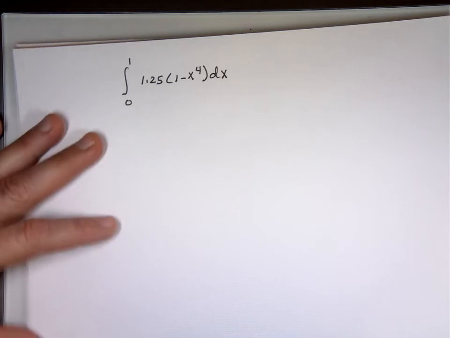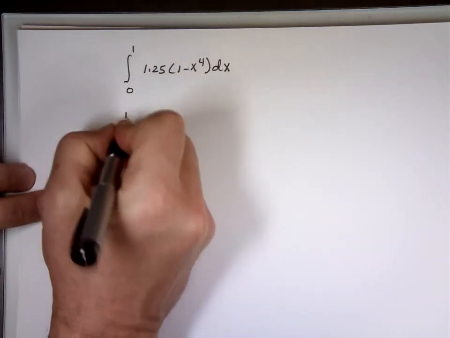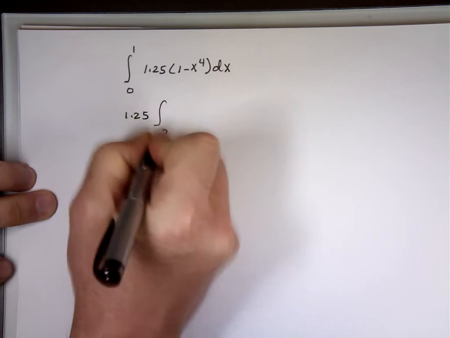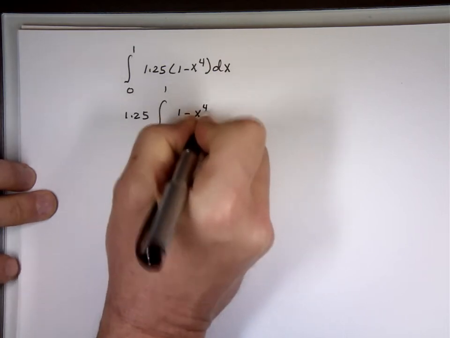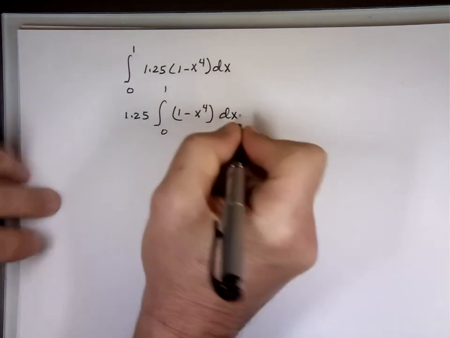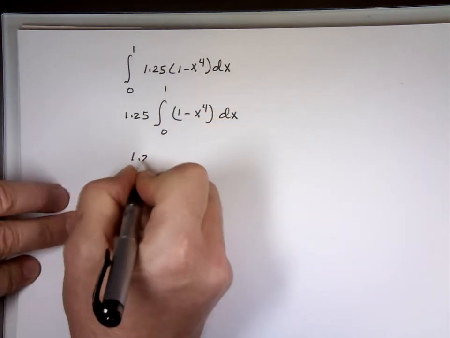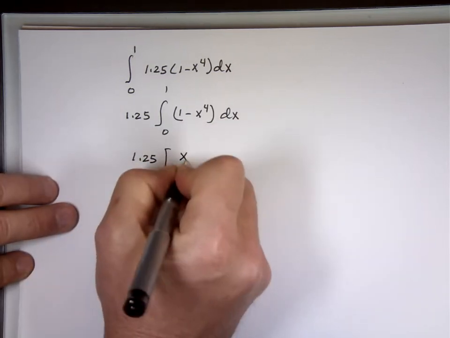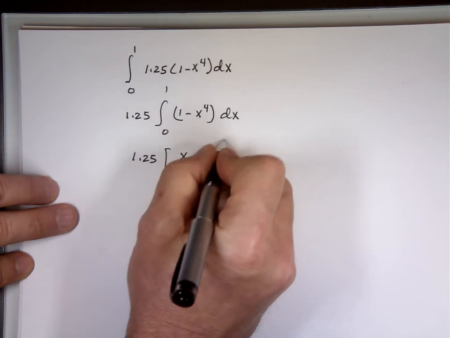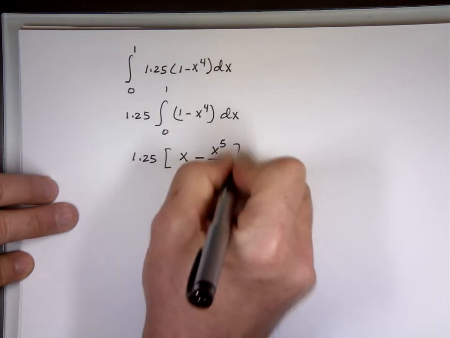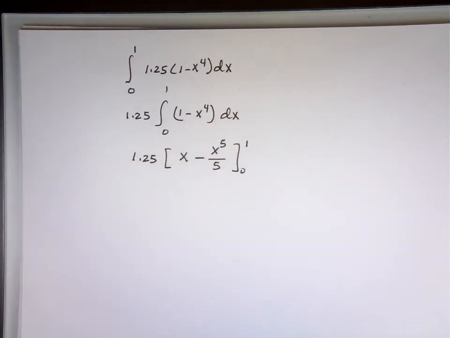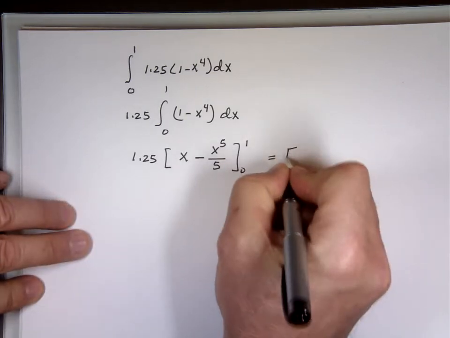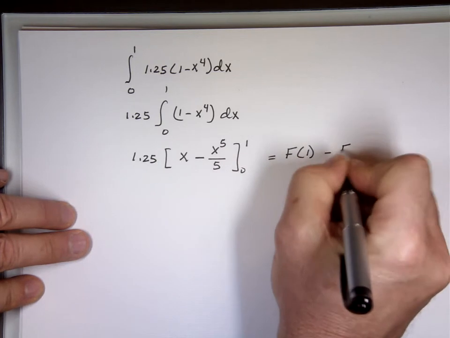How do we integrate this? We can pull the 1.25 outside the integral, right? And if I remember my calculus, integration is calc 2, right? This will be x minus the integral of x to the 4th, which is x to the 5th over 5, from 0 to 1. You plug in your upper limit minus your lower limit, that's f of the upper limit minus f of the lower limit.